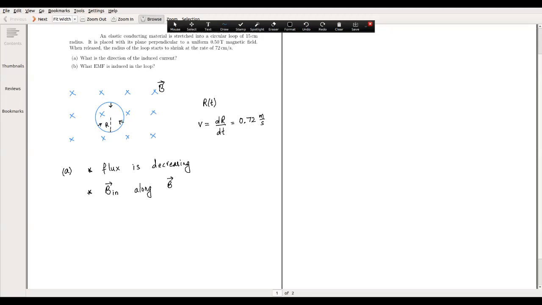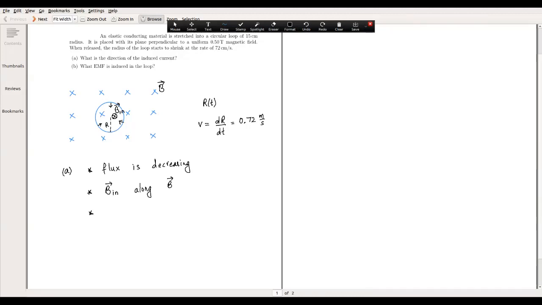So let's represent that here. So this is the direction of the induced current. So it's B induced inside the loop. If we need to have an induced current inside the loop pointing downwards, we need, using the direction of the current given by the second right hand rule, we can calculate what should be the direction of the current.